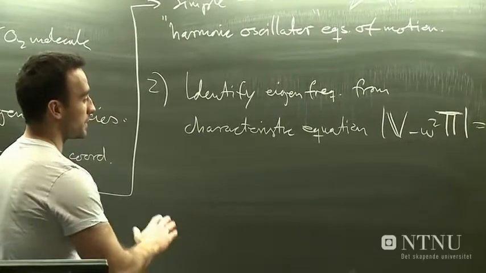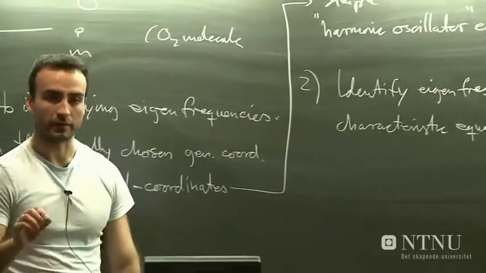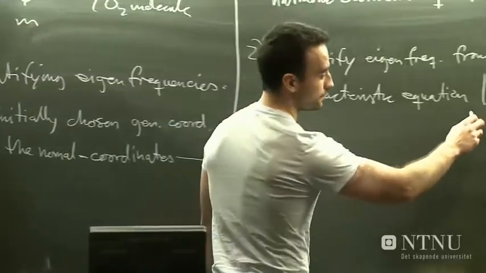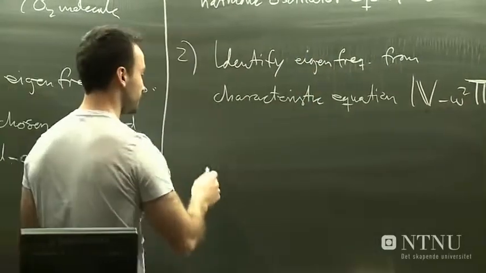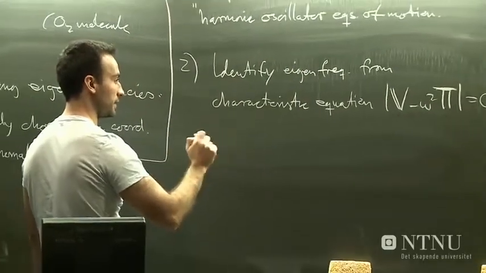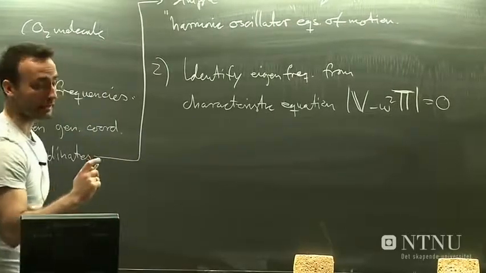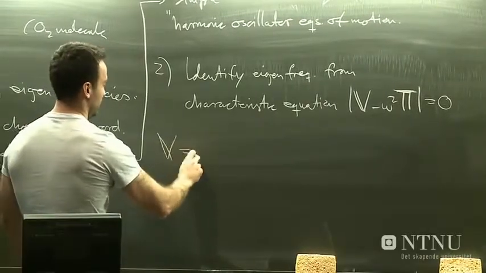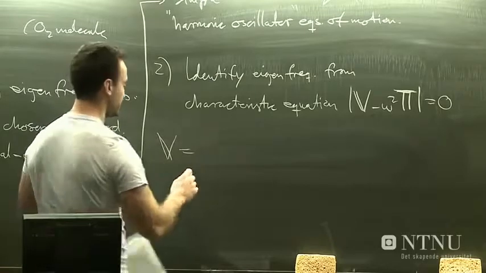So I think I ended the presentation by writing down this characteristic equation that we obtained using V and T for this system. So I'll get to that equation, but let me just first remind you of what these matrices look like.